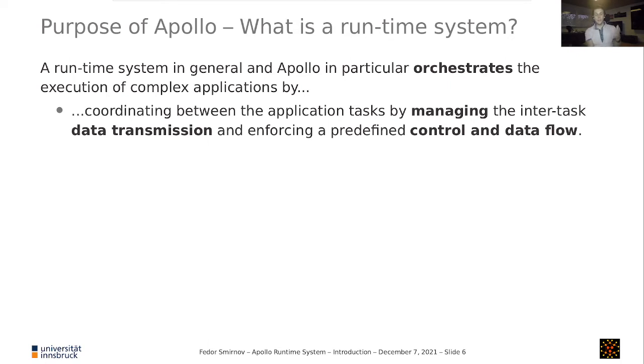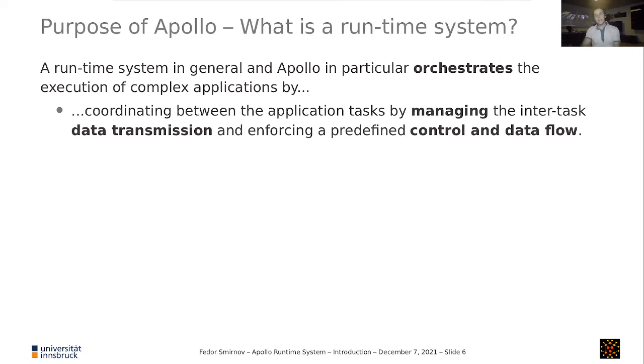And this is what Apollo does for your application. So it manages the data transmission between those different tasks, since they are placed on different resources, and it also enforces control and data flow. So it makes sure that, for example, the parallel parts of your application can be executed in parallel, that the conditional tasks are executed only if the appropriate results fulfill the condition, and so on.